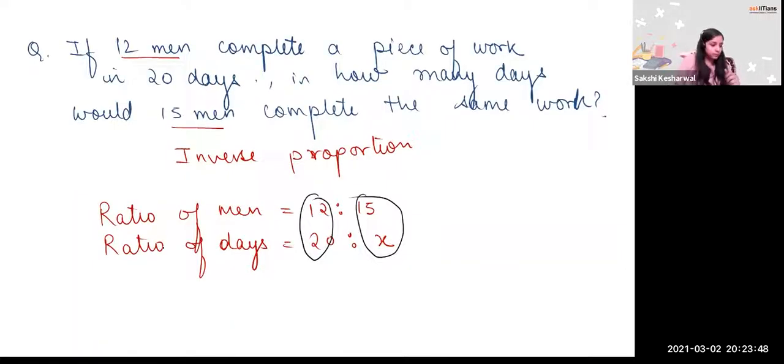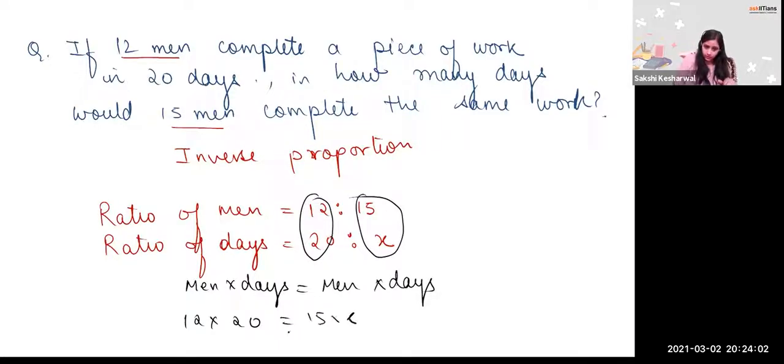So men into days equals men into days: 12 into 20 equals 15 into x. So x equals 12 into 20 by 15. Now do the cancellation: this is 4, this is 3, this is 1, and this is 4. So x equals 16. 16 days. That's your answer.